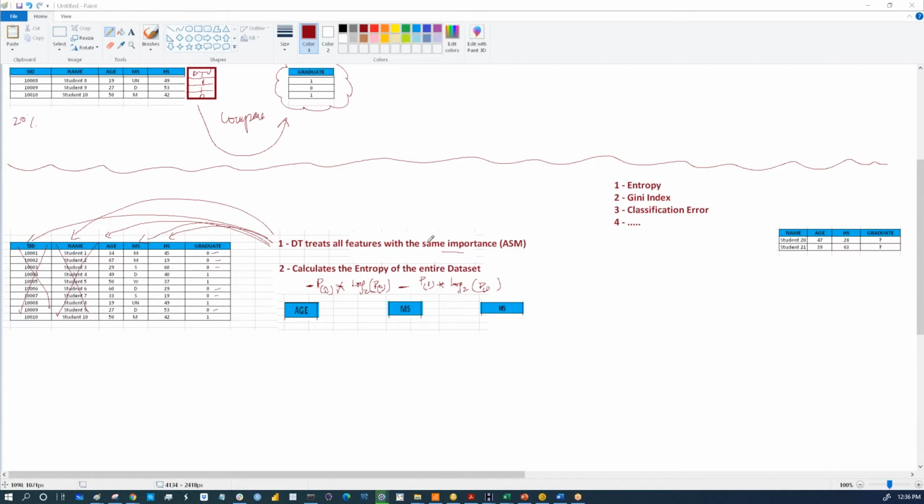So it calculates the entropy of the entire data set. The entire data set means everything.